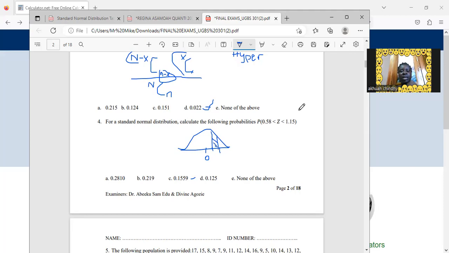Just find the z value for this one and subtract. You find the z value for this and for this from the table, and subtract this figure from this, and you get your answer. If you want to know how to do it, watch my normal distribution video and then my sampling video.